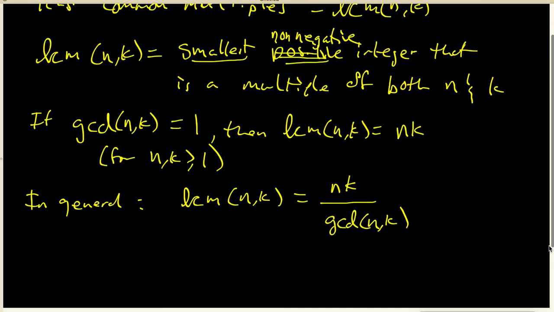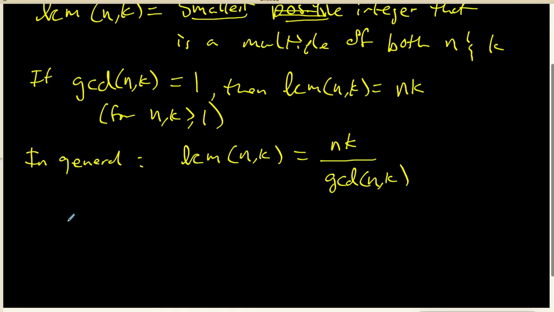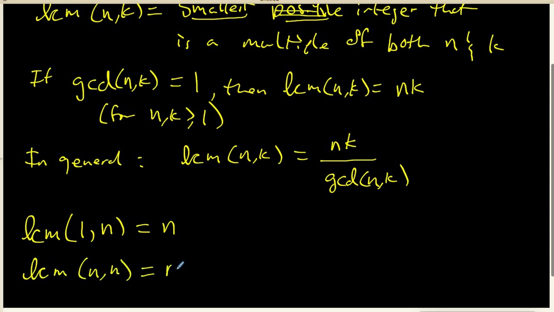And then the final thing that I want to say about LCMs is, again, some important facts. The LCM of 1 and any positive integer is going to be the positive integer. The LCM of an integer with itself is going to be that integer if the integer is positive.